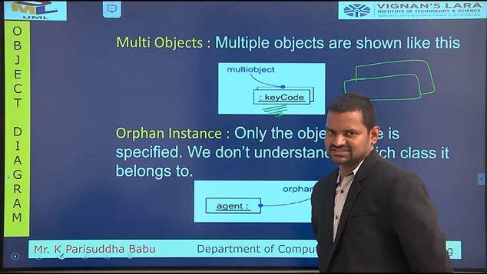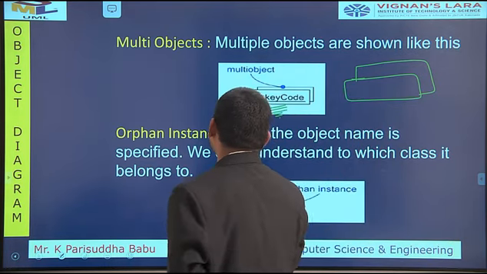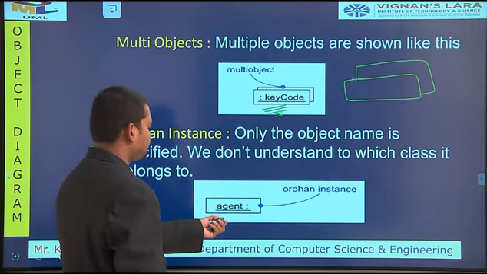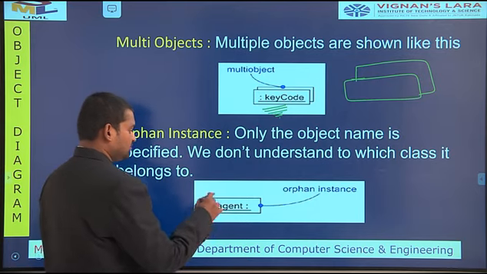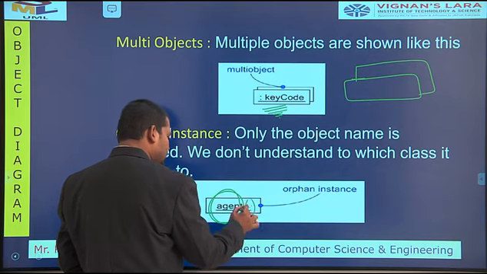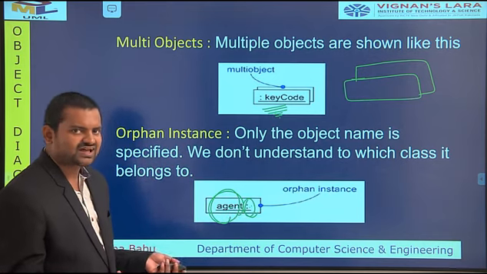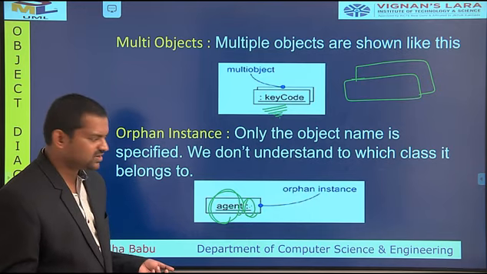Next one, orphan instances, or orphan objects. Orphan instances look like this. This is the object name, but where this object was created we don't know. It is like anadha in Telugu, okay?